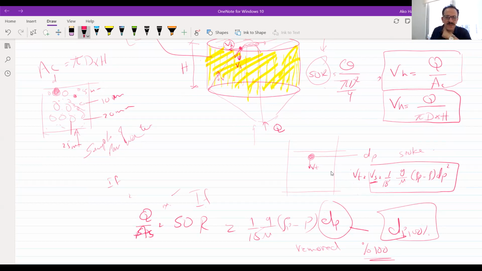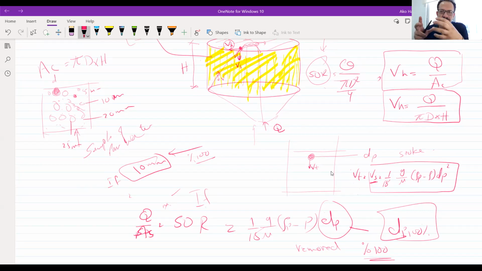For example, if the d particle was 10 millimeters, it means every particle having a diameter of 10 millimeters and more will be removed 100%.